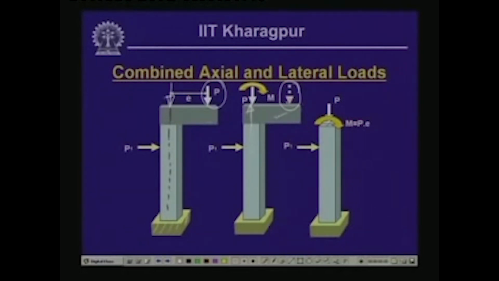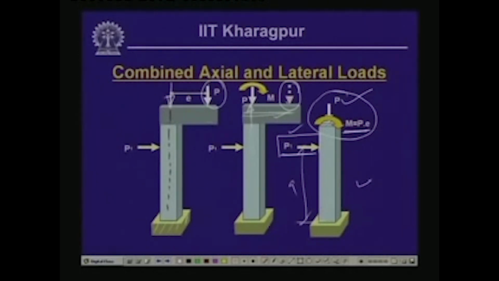Now, if we remove this horizontal member, then on the vertical bar we have the effect of this eccentric load as a load P, which is concentric now, acting through the CG of the member, and we have a moment equal to P times E, where E is the eccentricity, or the distance of the CG from this loading point. Also, this member is subjected to a concentrated load P1, which is acting at a distance, let us say A, from the support.